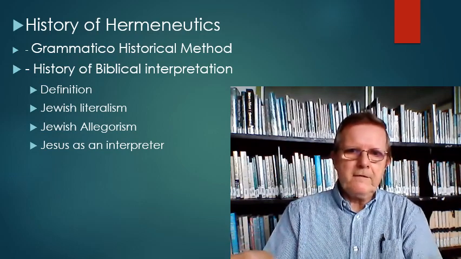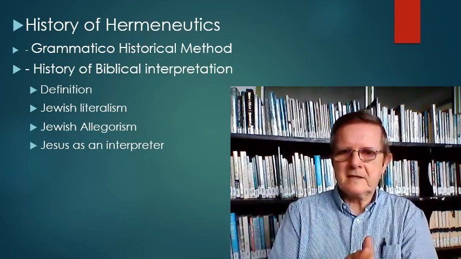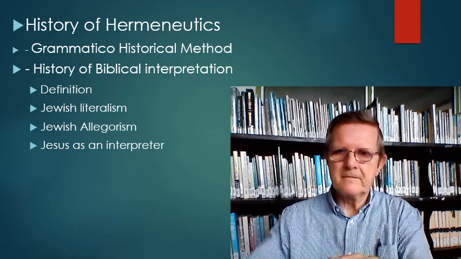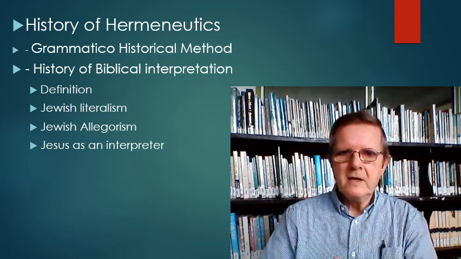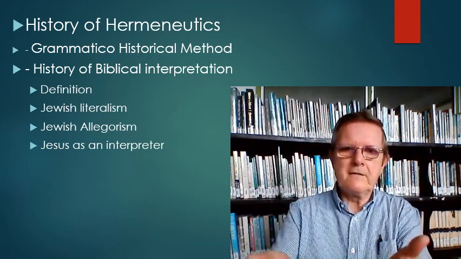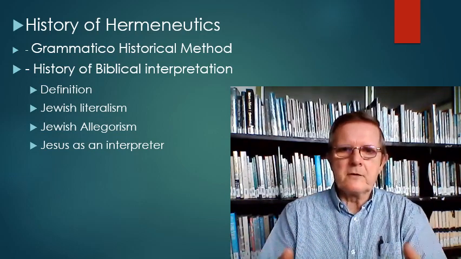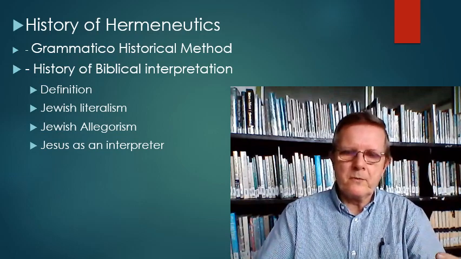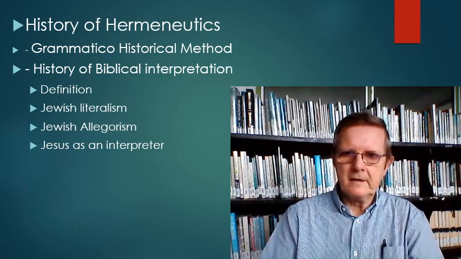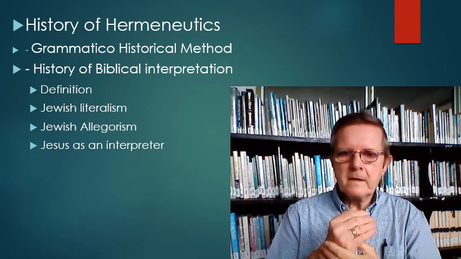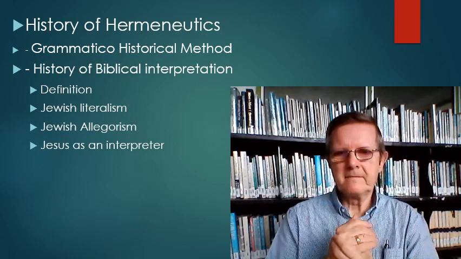So if you took a text and went to 4 different parish churches, you would get 4 different explanations, because there was not one explanation that was more important than the other. So Luther said, no, we can't do that.